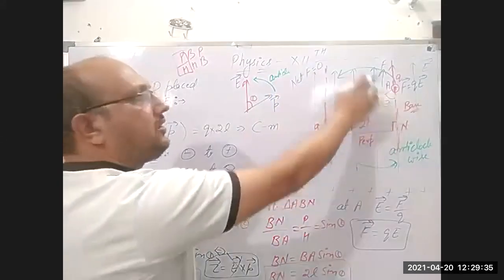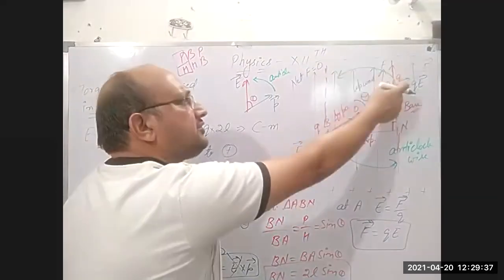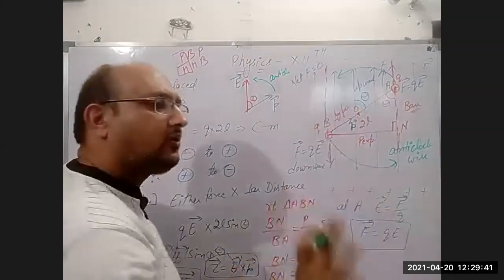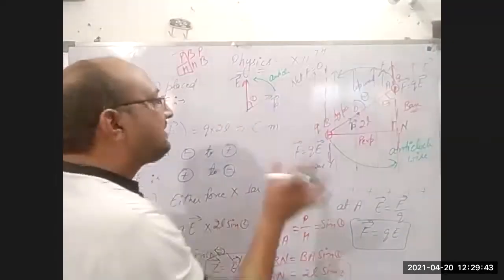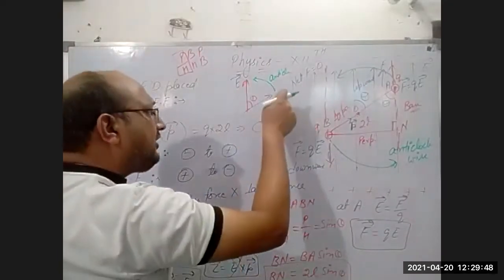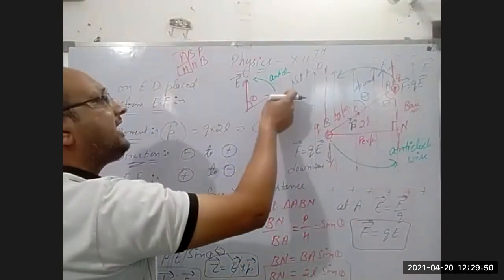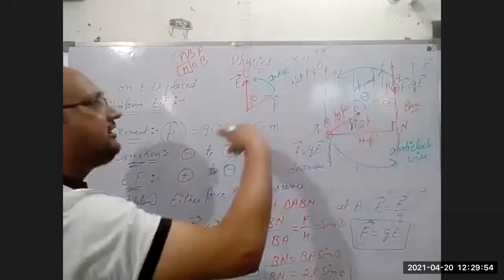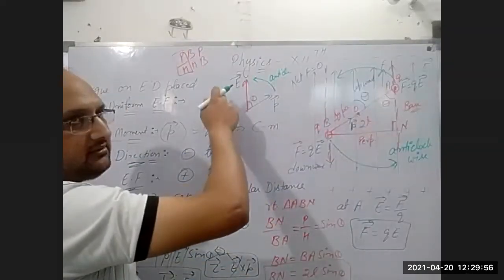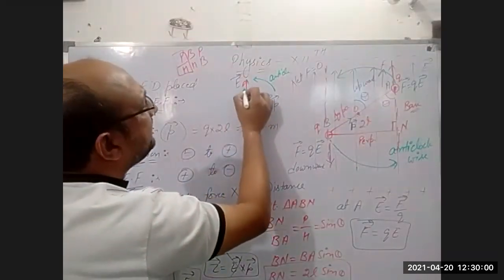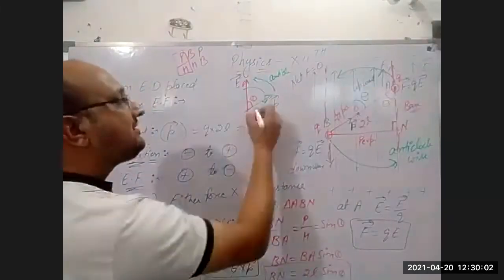From this diagram, don't consider the negative and positive attraction. Only one thing matters. If we go from P to E, then we rotate our finger anti-clockwise. But if we go from E to P, then it will be clockwise.